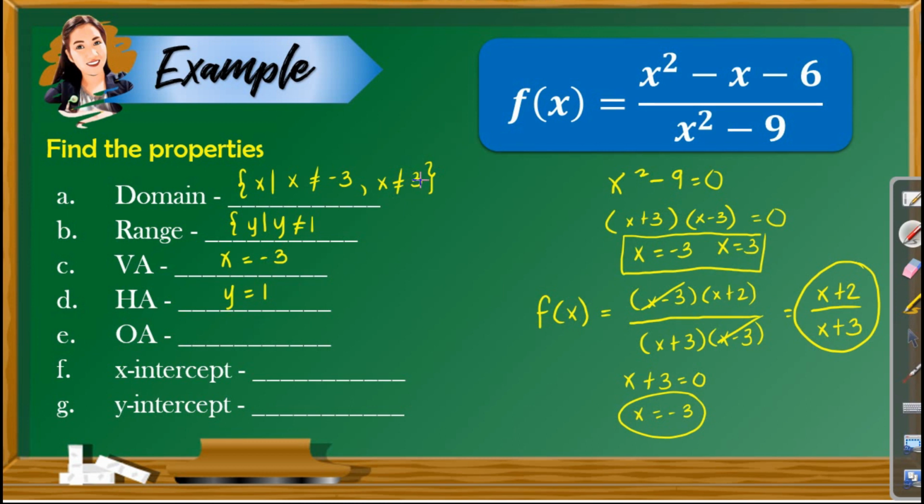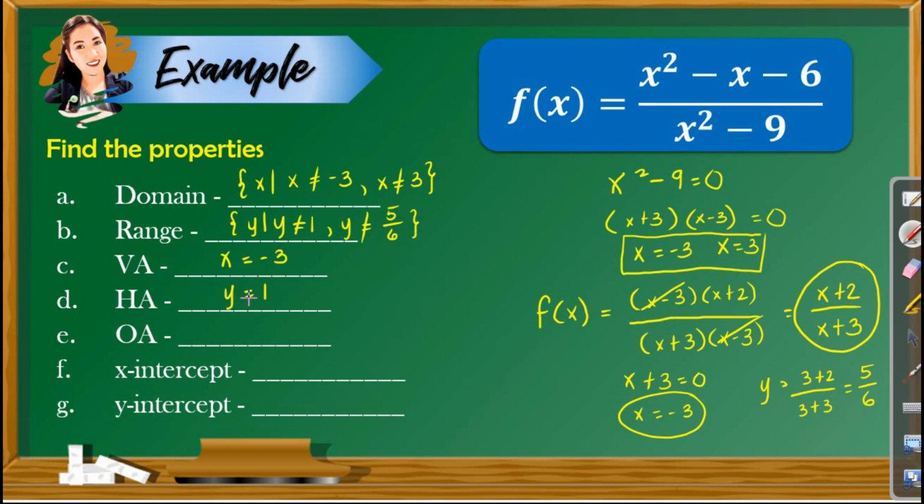If positive 3 is excluded, we need to find the value of y that is the partner of x equals 3. How are we going to do that? We need to substitute x equals 3 into our simplified function. So we now have y equals 3 plus 2 over 3 plus 3. This gives us 5 over 6. Meaning to say, aside from y not equal to 1, y should not also be equal to 5 over 6.